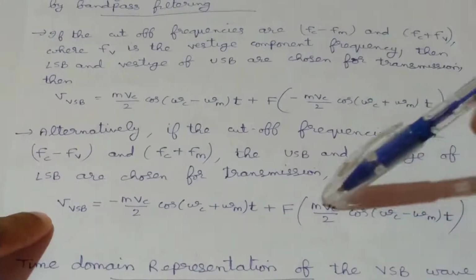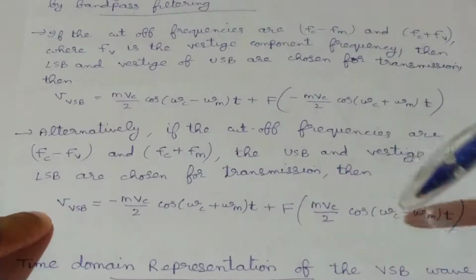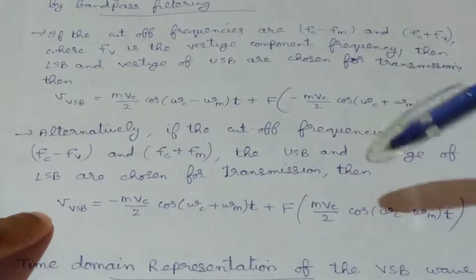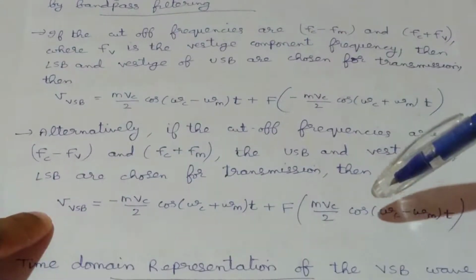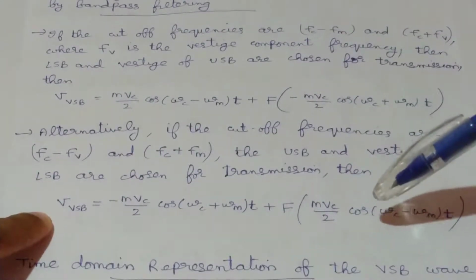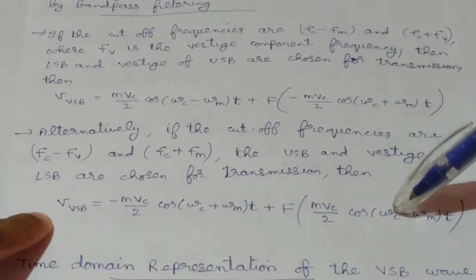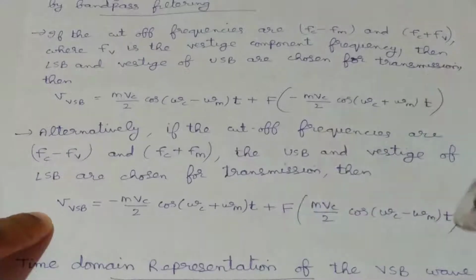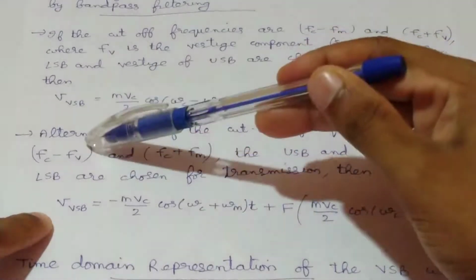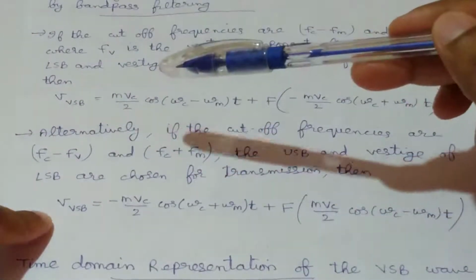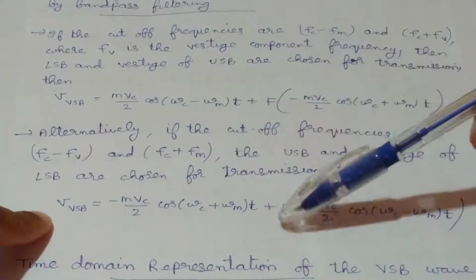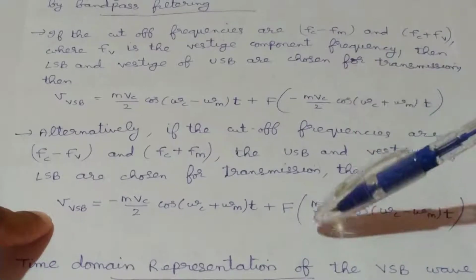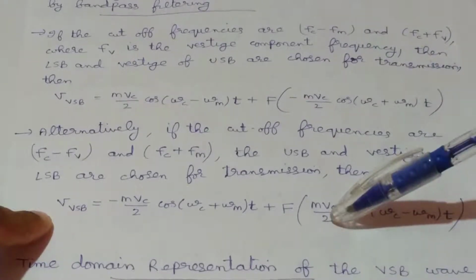The fraction of the lower sideband is from Fc to Fc minus Fv, while the complete lower sideband is from Fc to Fc minus Fm. So we will transmit either this one or this one to the receiver side, and from this signal at the receiver side our actual information is extracted.